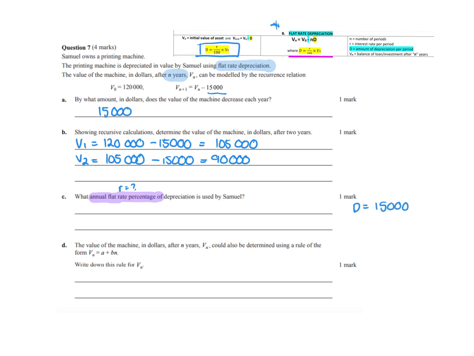So 15,000 must have equaled the rate over 100 times V0, which I do know is 120,000. I've used this formula and I'm just going to chuck in solve. As I said, you don't need to write the solve on your paper. You can write that formula and all the substitution. Don't bother writing solve though. So we get R to be 12.5%. So this printing machine is dropping by 12.5%.